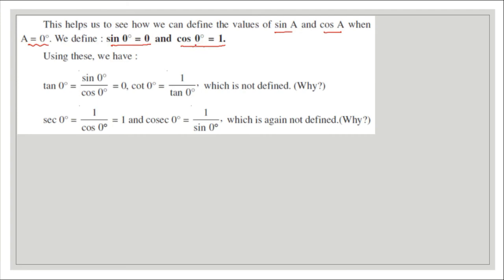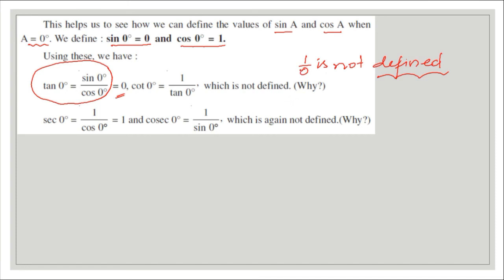When these two values are known to us, we have learned that tan of an angle is sine of the same angle by cos of the same angle. We get 0 upon 1, which is equal to 0. And cot of the angle is 1 upon tan, it's a reciprocal. 1 by 0 is not defined. Why is it not defined? We all have learned division. Division is possible when the divisor is a non-zero number.